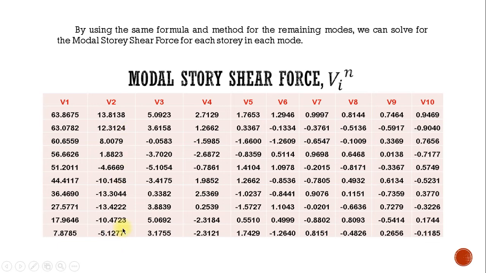For mode 2, this is our modal story shear force for the first floor, second floor, third floor, fourth floor, fifth floor, and so on down to the 10th floor. For mode 3, this is our modal story shear force, and likewise for mode 4, mode 5, mode 6, 7, 8, 9, 10. By using this formula, we obtain this result. And take note, these are all in kilonewton.